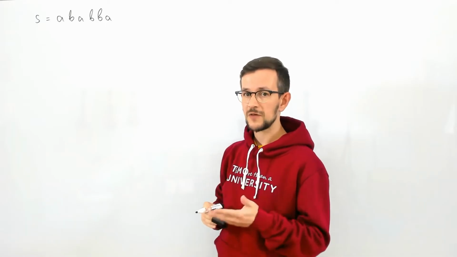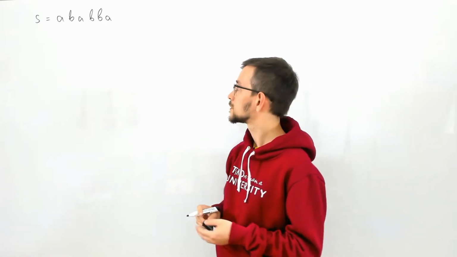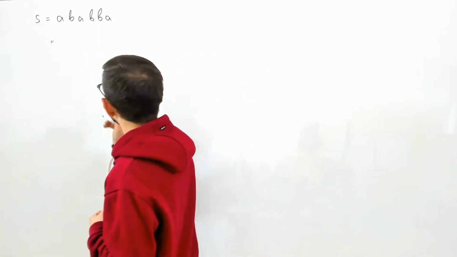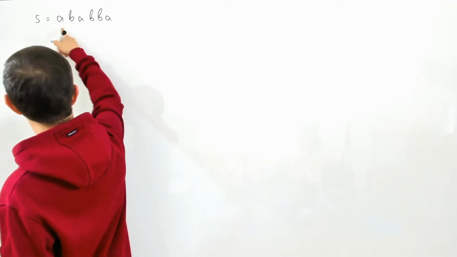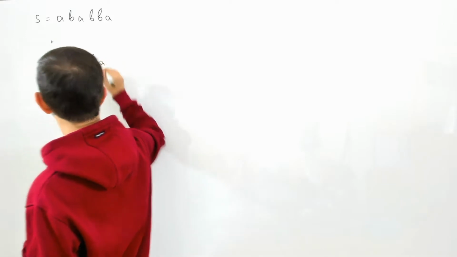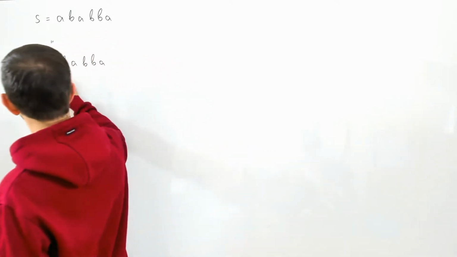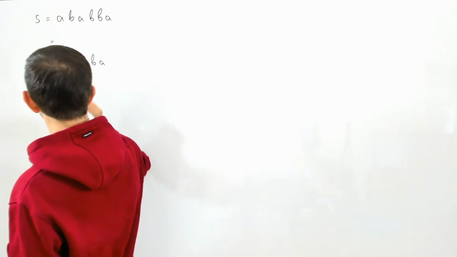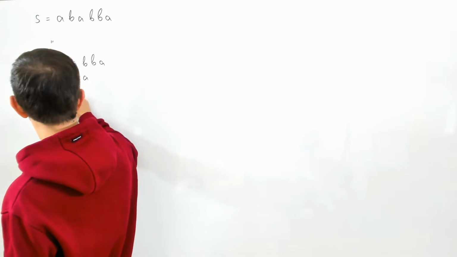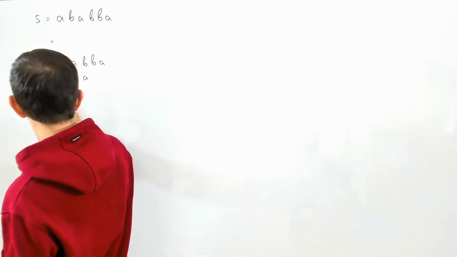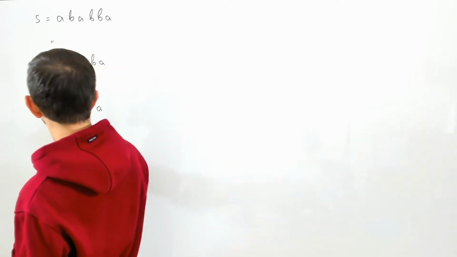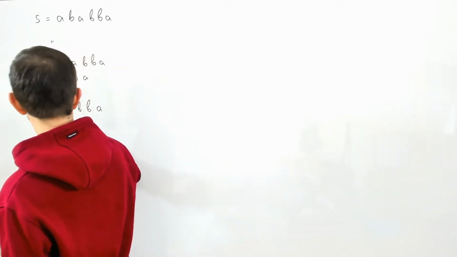Now let's write all the suffixes of this string in lexicographical order. So what we'll have? First we have the empty suffix, then we have suffix a, then we have suffix a, b, b, a, then we have suffix a, b, a, b, b, a, then from b we have b, a, then b, a, b, b, a, and finally suffix b, b, a.